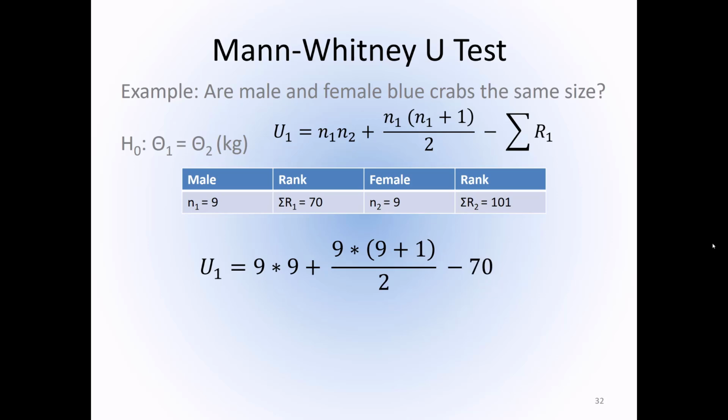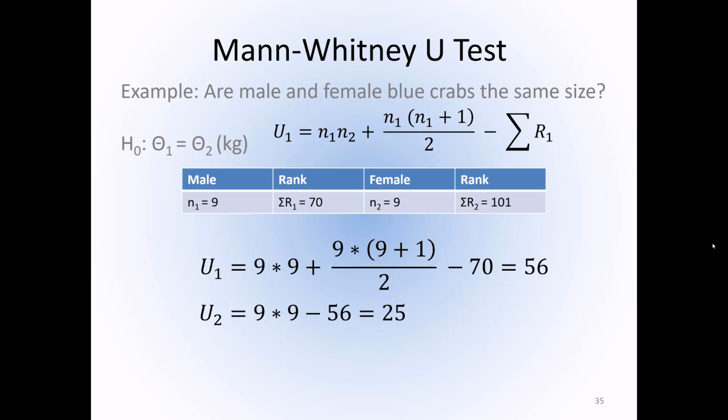This in turn will allow us to calculate our test statistic U1 of 56. We will then take our shortcut formula here and use this to calculate U2. You can use the other formula if you want, just as long as you're getting the equivalent value. U2 is going to be 25.